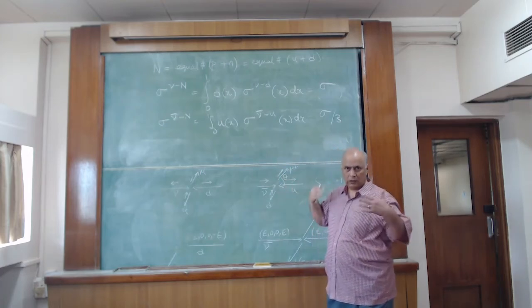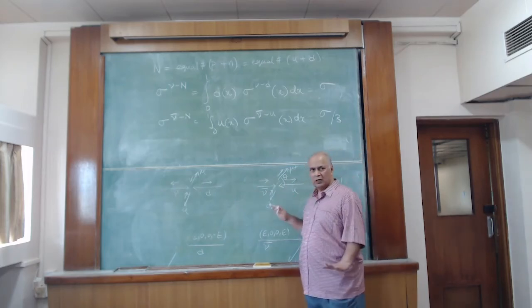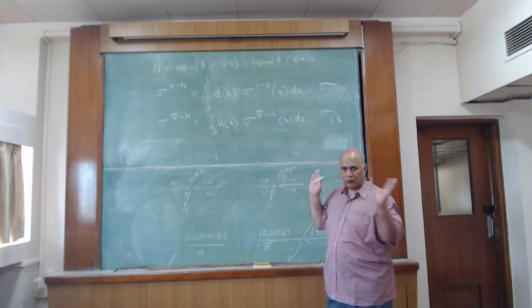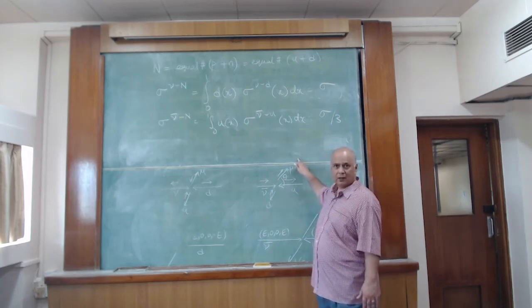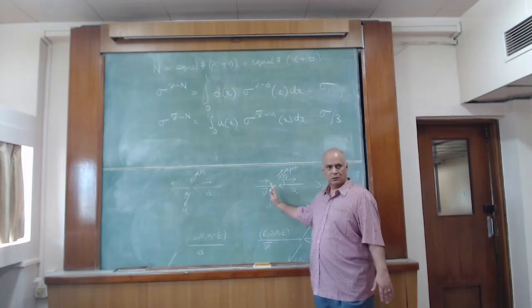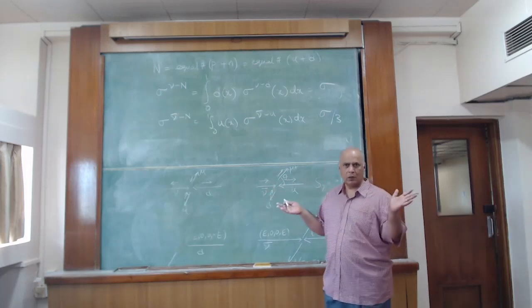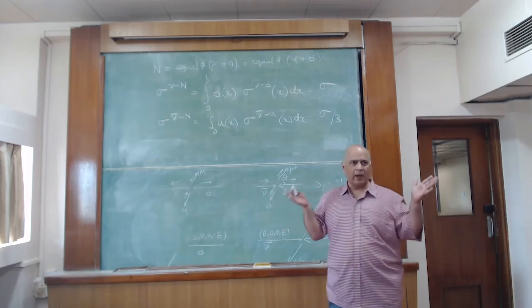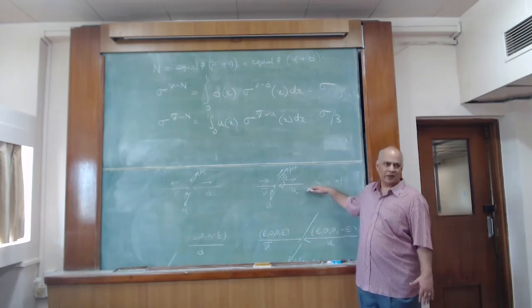So what you need to do is that you have to sort of expand this state in terms of, it's like going from one rotational basis to another. I have one basis where I quantize the spin along the z direction.